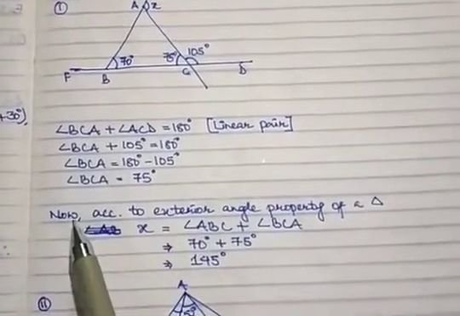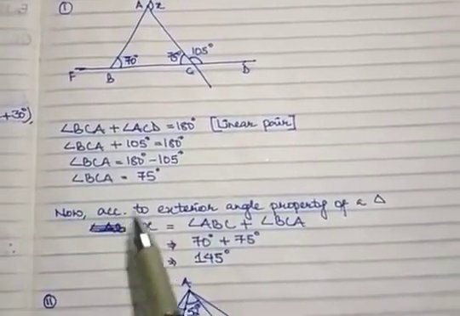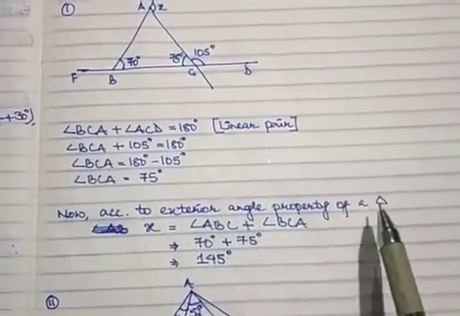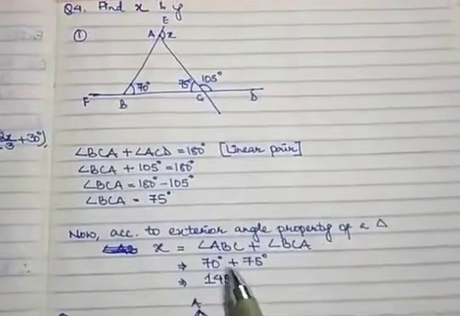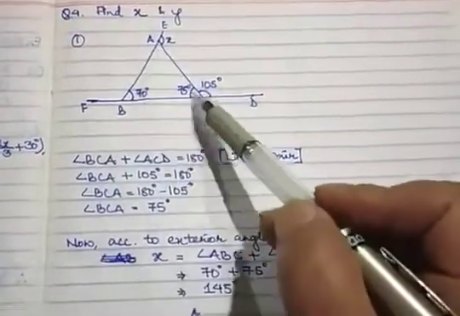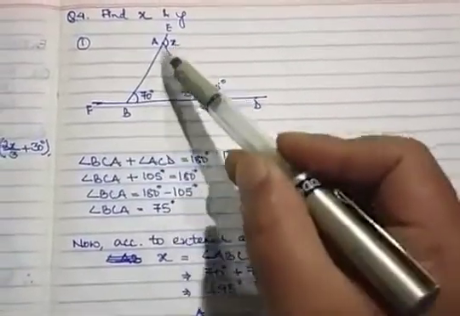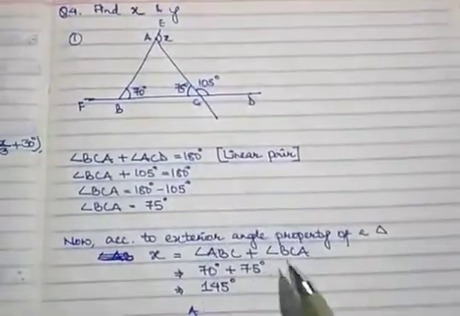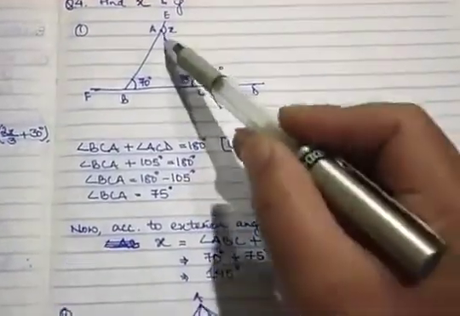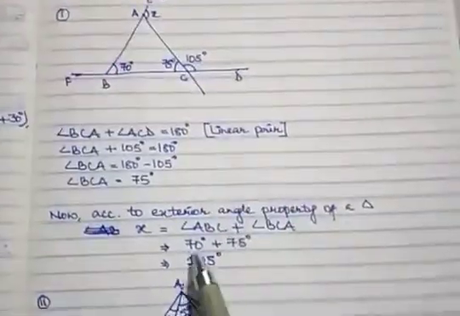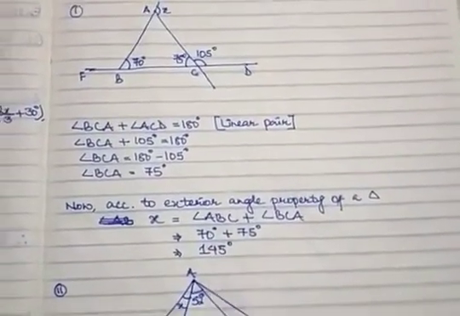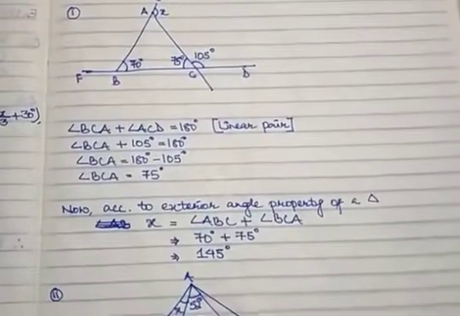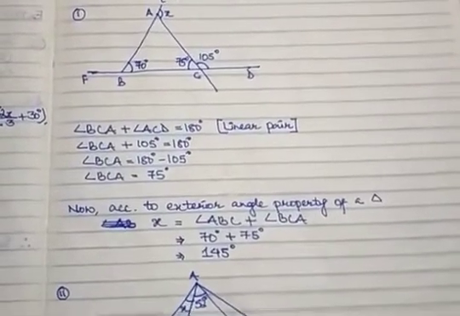So according to the exterior angle property of a triangle, x will be equal to angle ABC, that is this angle, and angle BCA, that is this angle. So x will be equal to 70 plus 75 degrees, that is 145 degrees. This is how we calculate.